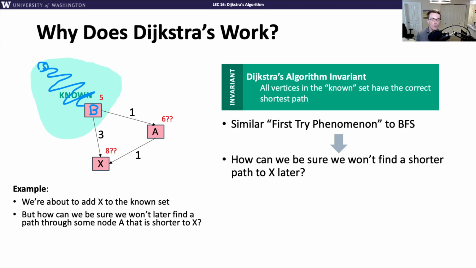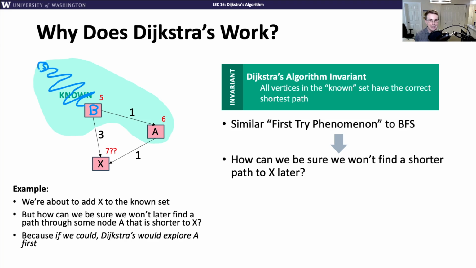In order for this path from B to A to X to actually be shorter than the path from B to X, that path from B to A has to be shorter, maybe something like 6. And so since we didn't process this A first, we know it can't exist.